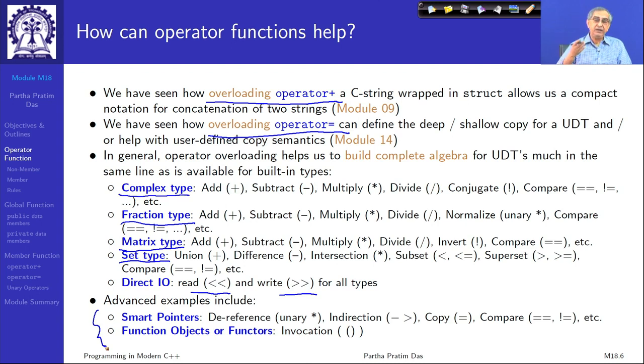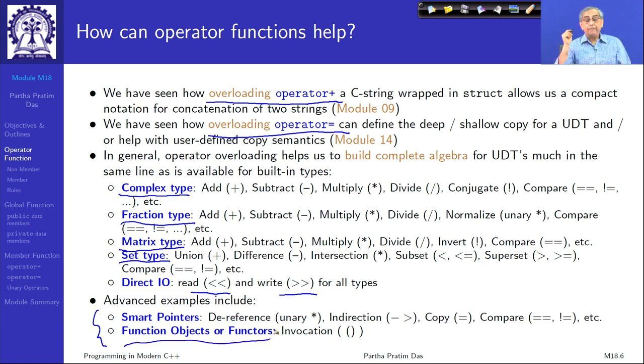And there are several reasons of why I want to do that. I would like to have smart pointers. They refer to other objects by address, but behave in the way I want, not their default behavior. So, that is smart pointer. We will have a separate discussion on that.